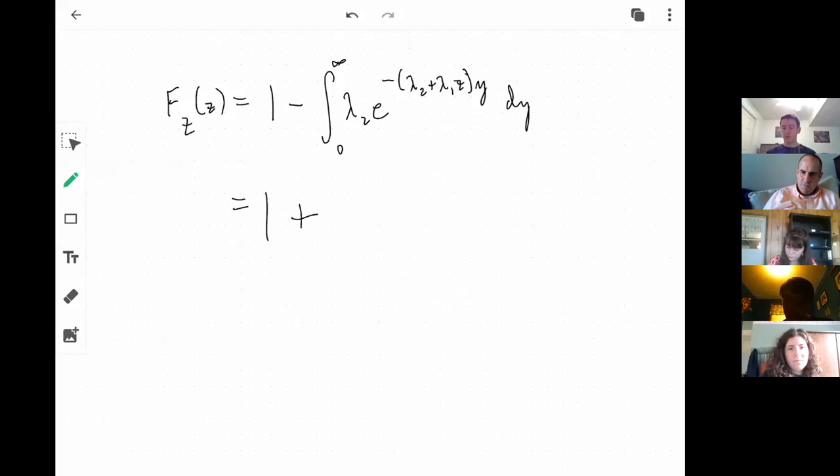I'm taking into account that minus sign out front, but it's going to be 1 plus what? Lambda 2 over lambda 2 plus lambda 1 z, e to the negative lambda 2 plus lambda 1 z y.